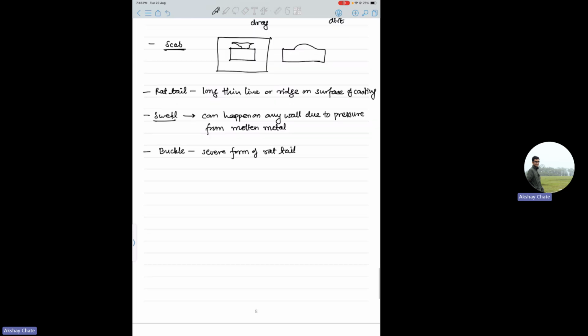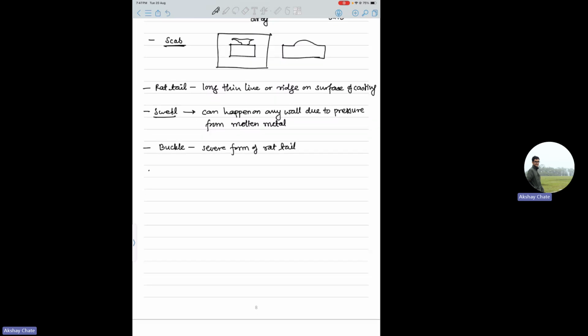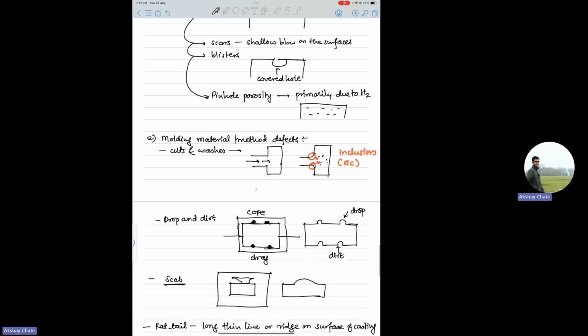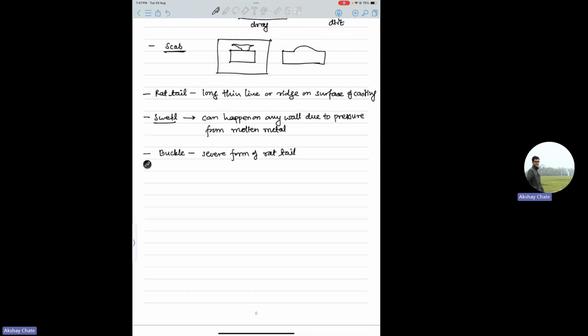Then there are pouring metal defects. So far we saw two types, and this is the third one: pouring metal defects. Very famous two of them are misrun. Misrun is like if you have a cavity like this, but the liquid freezes after reaching this point, so this remains empty.